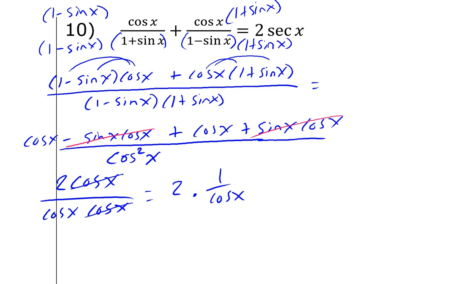And that's the same thing as 2 times secant, because 1 over cosine is secant. And that is exactly what I was trying to prove. Alright, that equals 2 secant x. And once again, we have proven the identity.